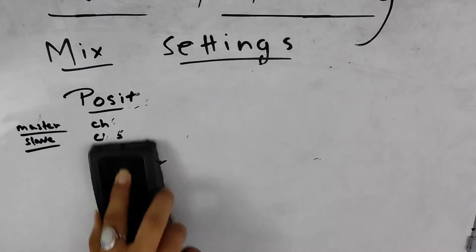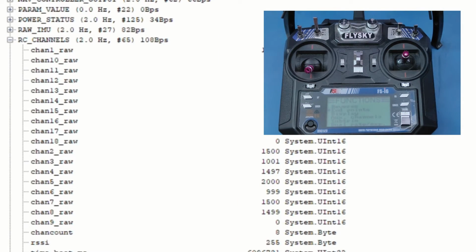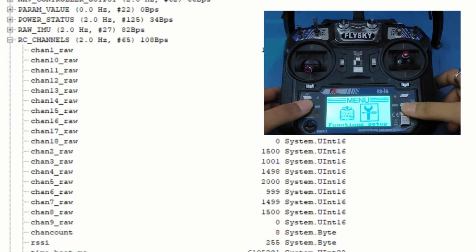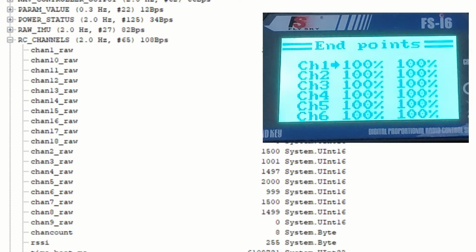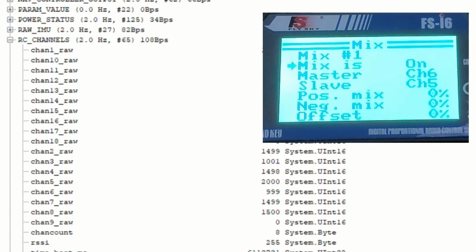Alright, enough with the classes. Let's proceed with some practical. So once we enter all the settings that we have discussed for positive mix plus 10% and endpoints 100%, observe carefully the values for channel 5 and channel 6 pointed by the arrow.